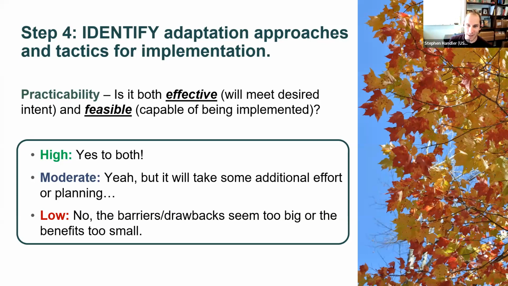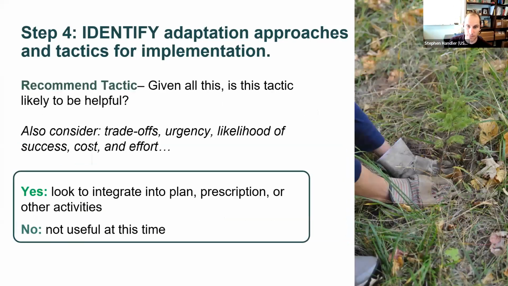We'll be asking you this question about whether something is practicable. Is it effective and feasible? That's a separate question from benefits and drawbacks. And then at the end, you get to put the stamp of approval on, yes, I'm going to recommend this adaptation tactic, or no, I won't.